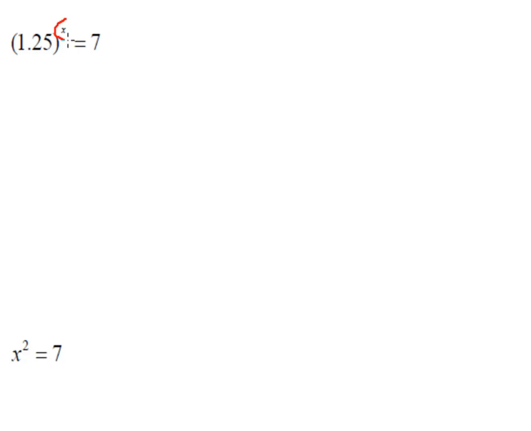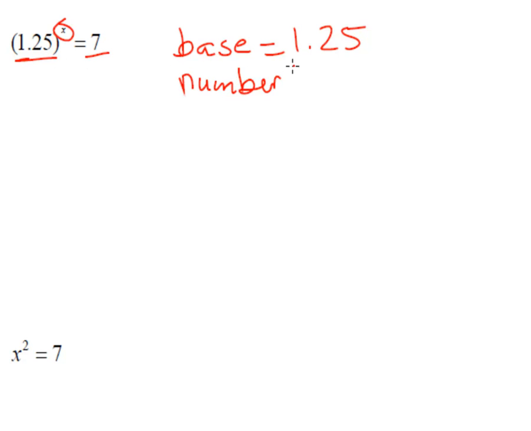Okay, let's look at the next one. Again, our exponent has our variable. So the base is 1.25, the answer or number is 7, and the exponent is our variable x.